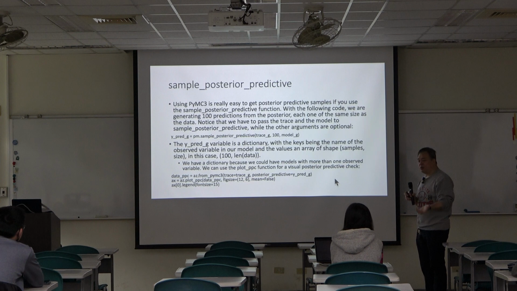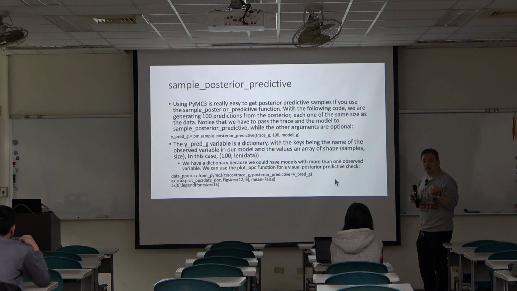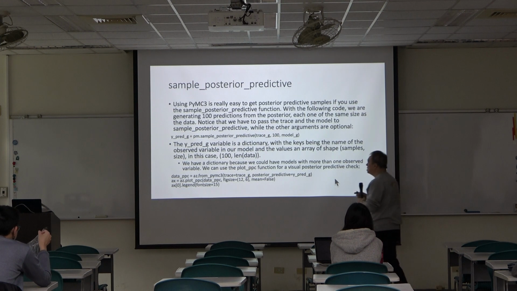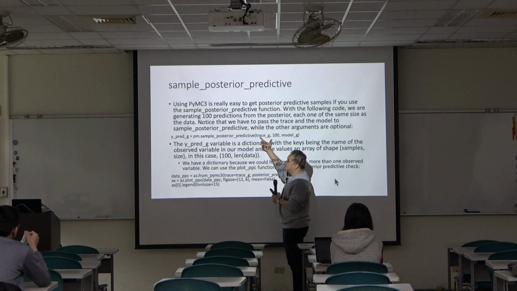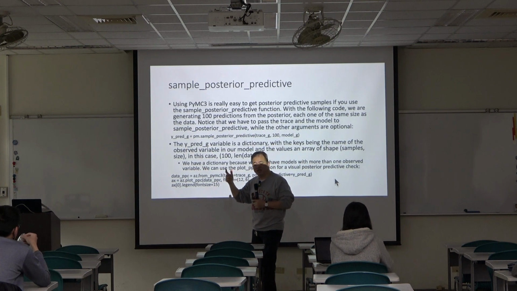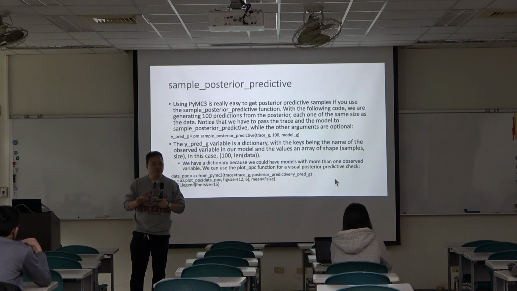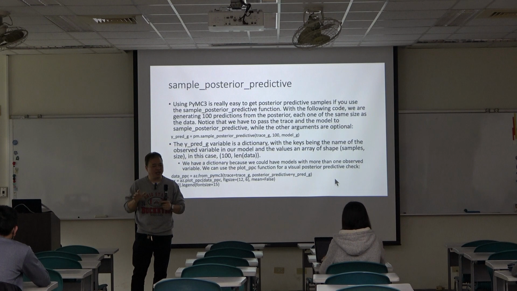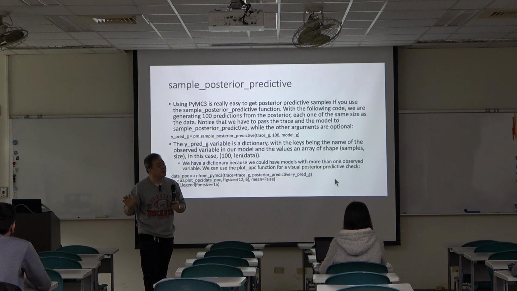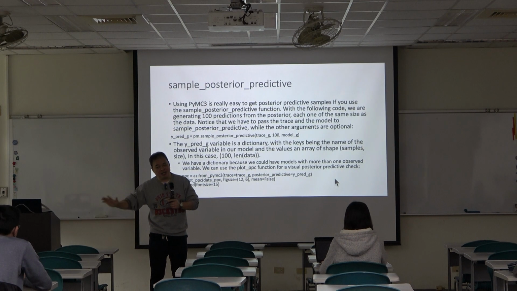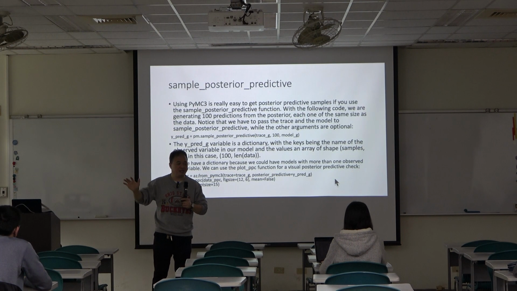Remember the process of the posterior predictive check: you need two things to really generate the data. The first thing is the trace. The trace contains the posterior of the parameters, and then you can sample from this posterior. After that, you put these sampled parameters into the model, because the model contains the likelihood, and then you are able to sample again from the likelihood.